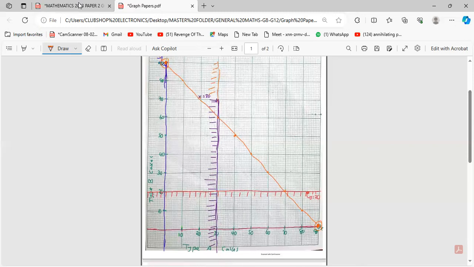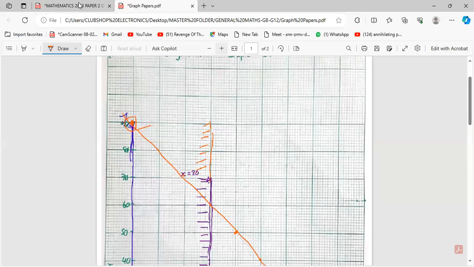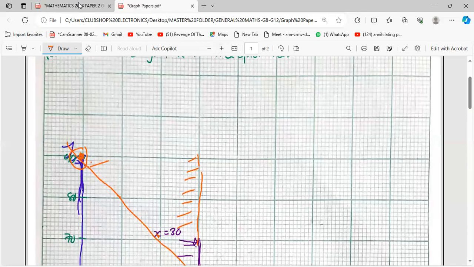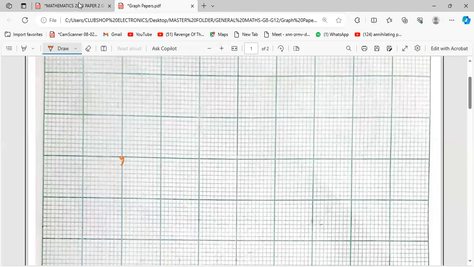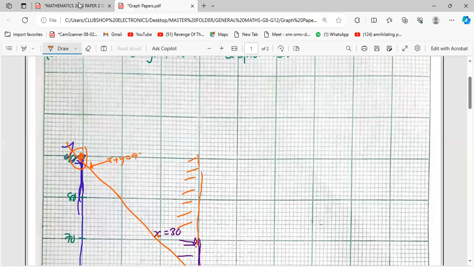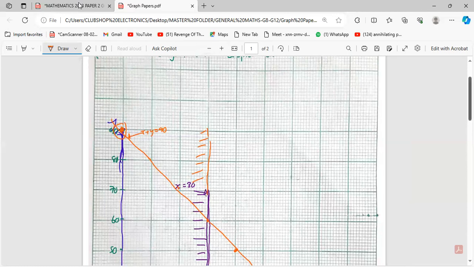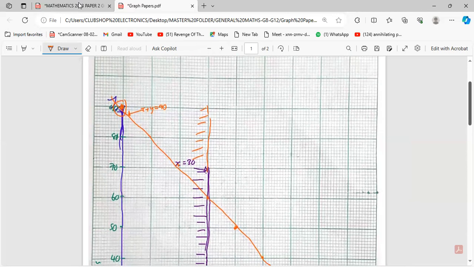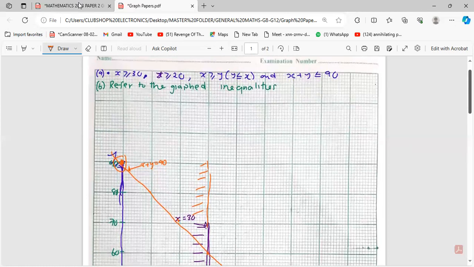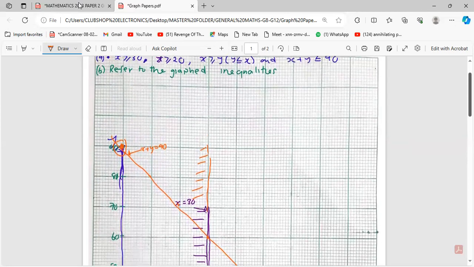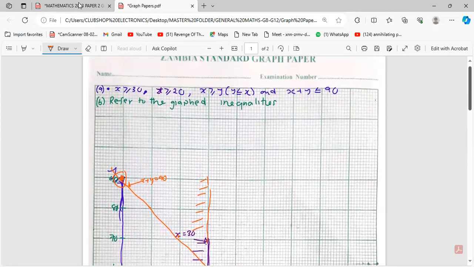Yeah. So you can name this as x plus y equal to 90. All right, x plus y is equal to 90. Now we want the less part. So less is below the line. That's the one we want to leave.